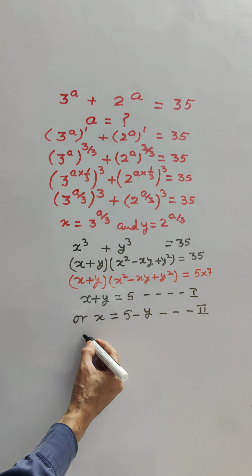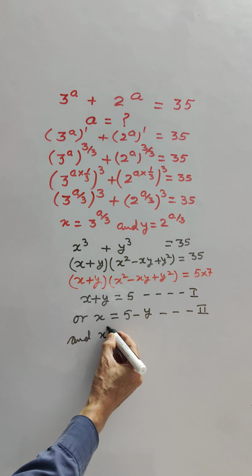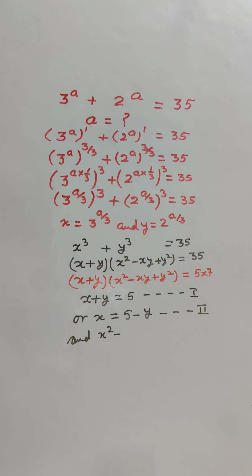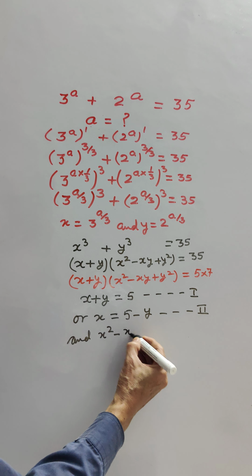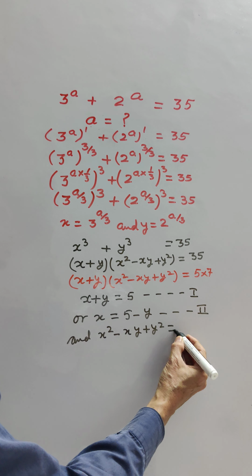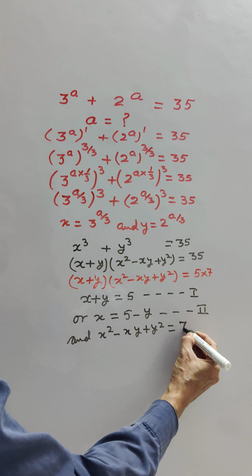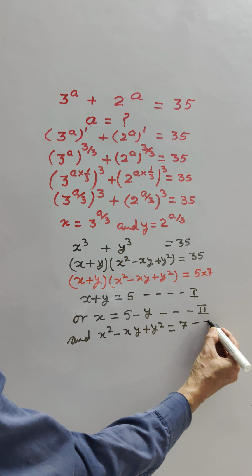x square minus xy plus y square is taken as 7. This is equation number 3.